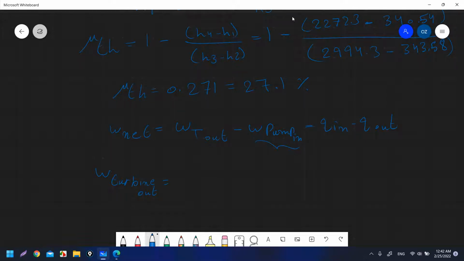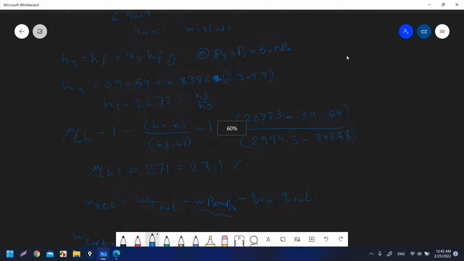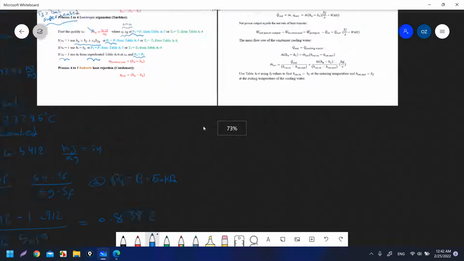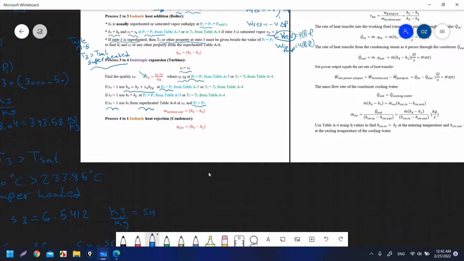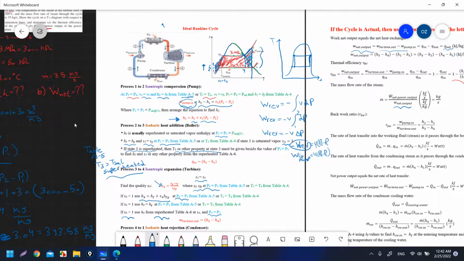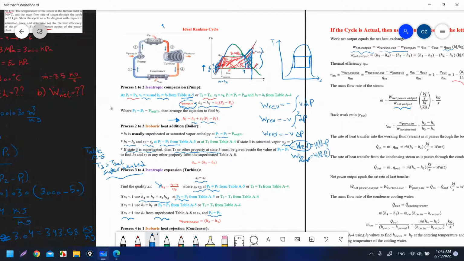Work turbine out is equal to, as you can see from the equation sheet, H3 minus H4. You always follow this procedure: the up minus the down and the right minus the left. So up minus down, 3 minus 4 will give you the turbine out. 2 minus 1 will give you the work pump in, H2 minus H1.